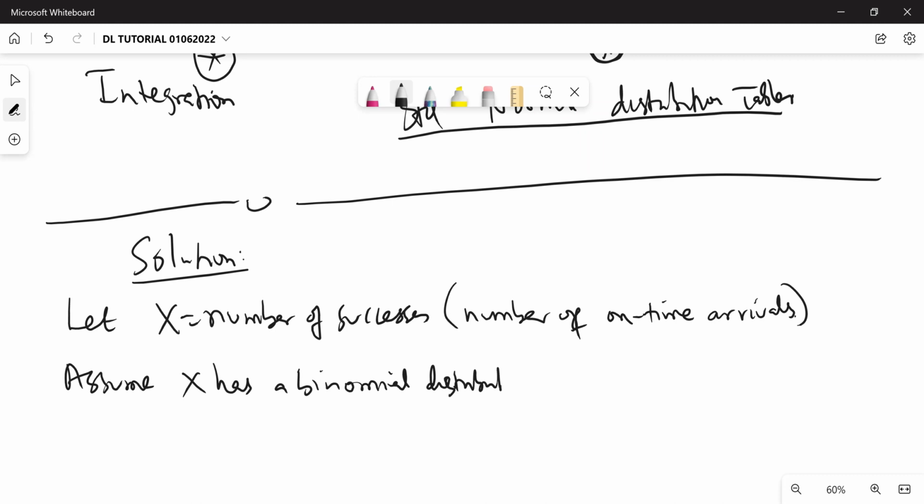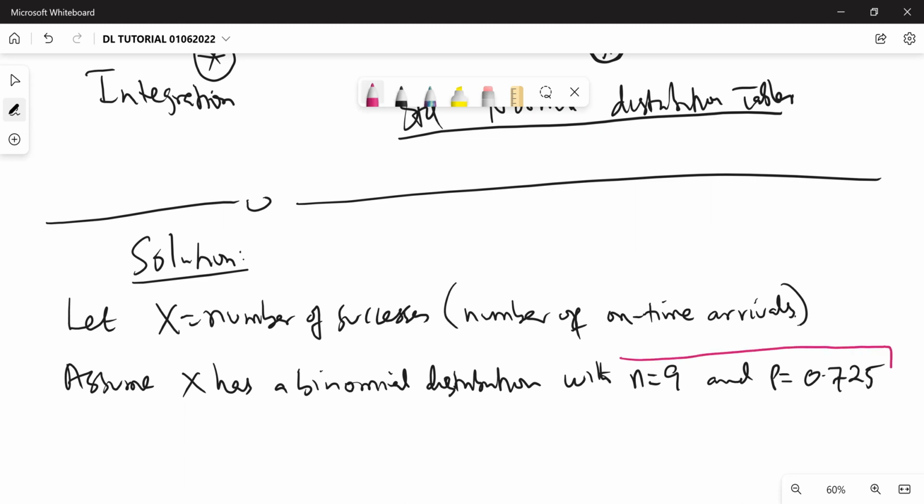Assume that x follows a binomial distribution with number of trials n being equal to 9 and p being equal to 0.725. These two are the only things you need to know when we're dealing with the binomial distribution.